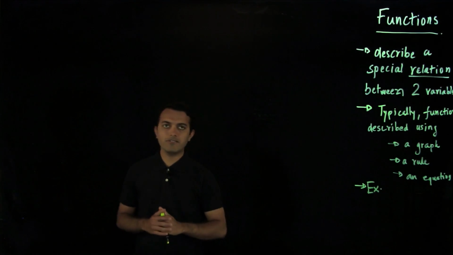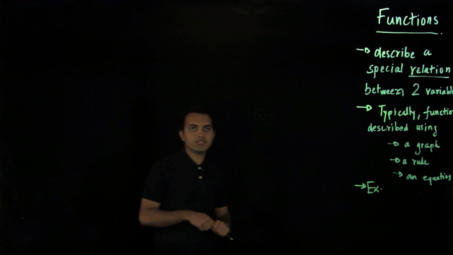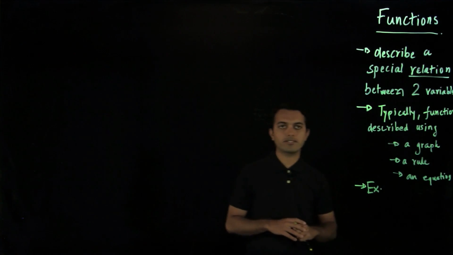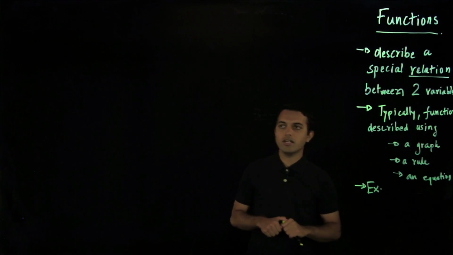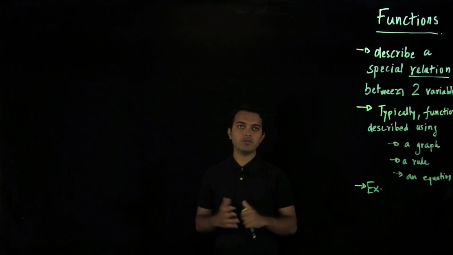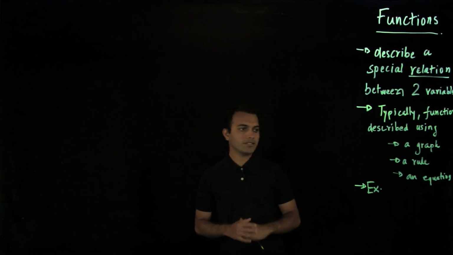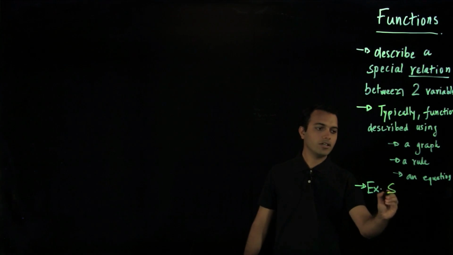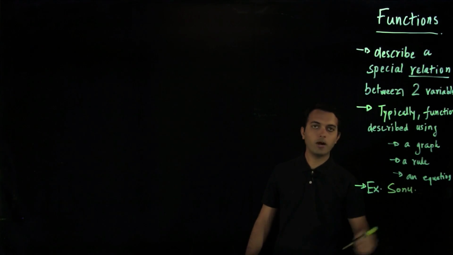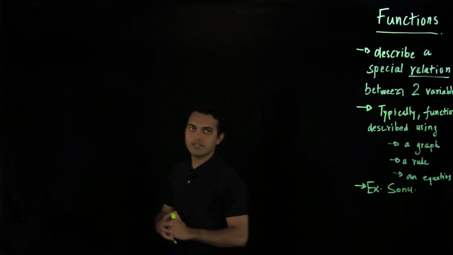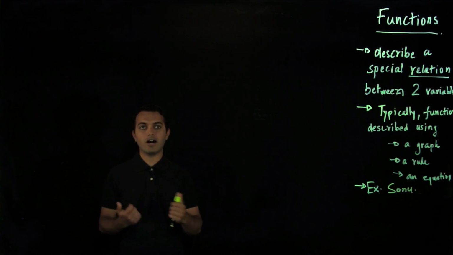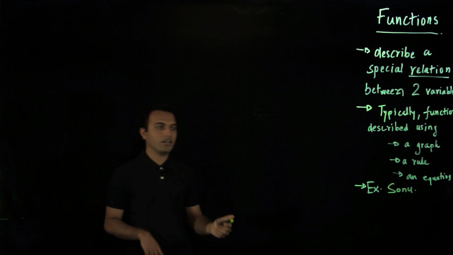We'll take the life of a typical student who's studying for an exam and going to school, and we want to figure out how his or her day goes. So let's call that student Sonu, and we want to find out how Sonu's day went, and the variable that we are interested in is how far Sonu is from home.